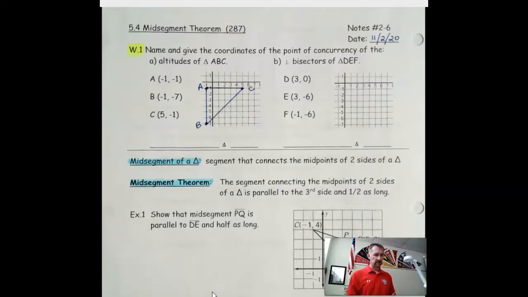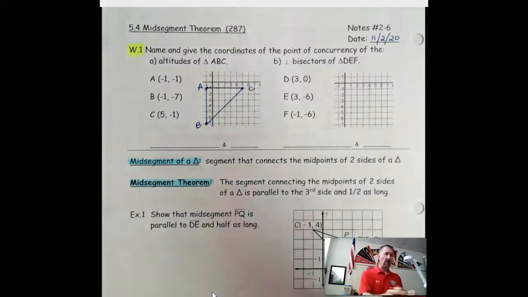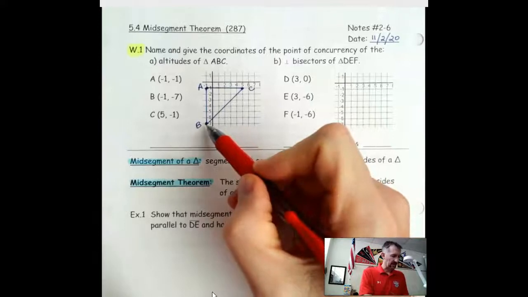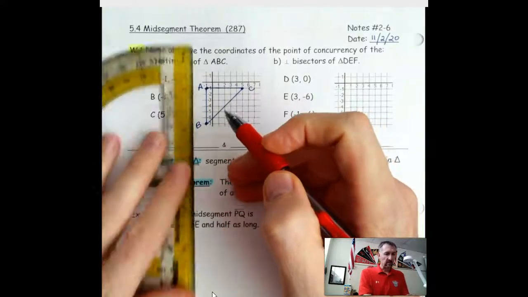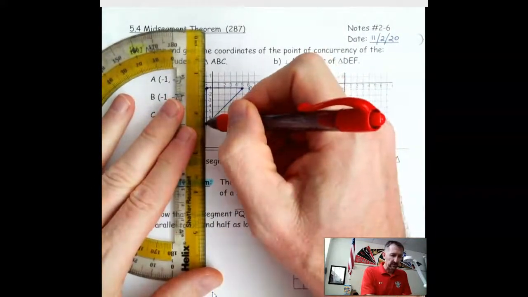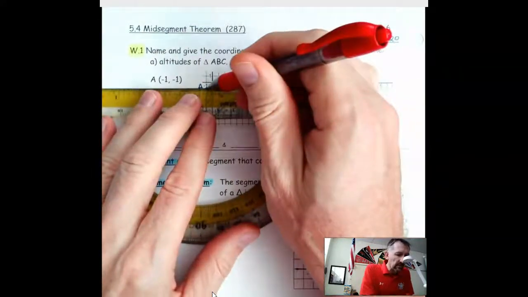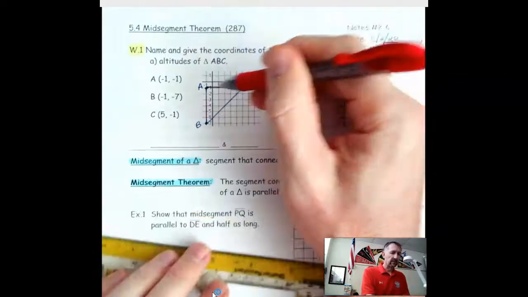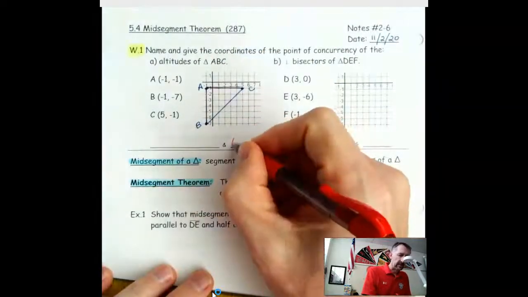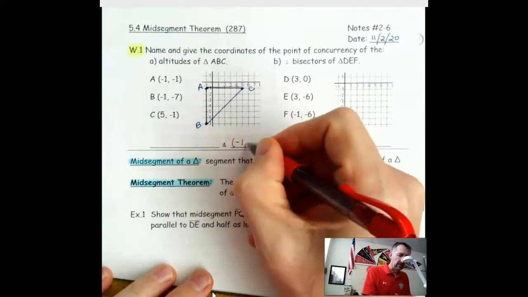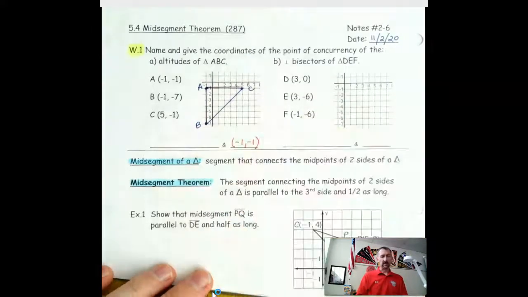So altitudes are from a vertex perpendicular to the opposite side. So our altitude here is a little bit awkward, but it's actually going to be this side. And it's going to be this side. So those are going to intersect at -1, -1 for the altitudes.